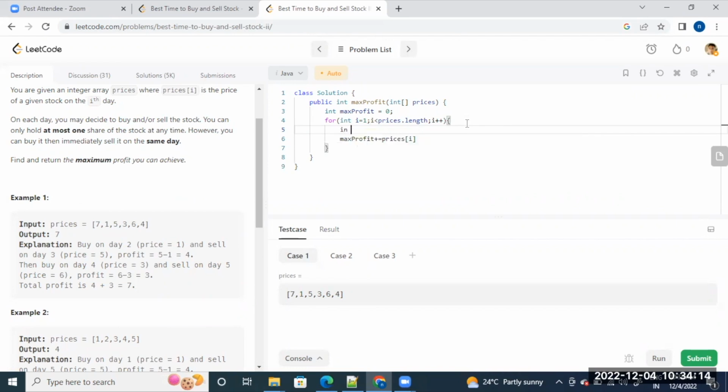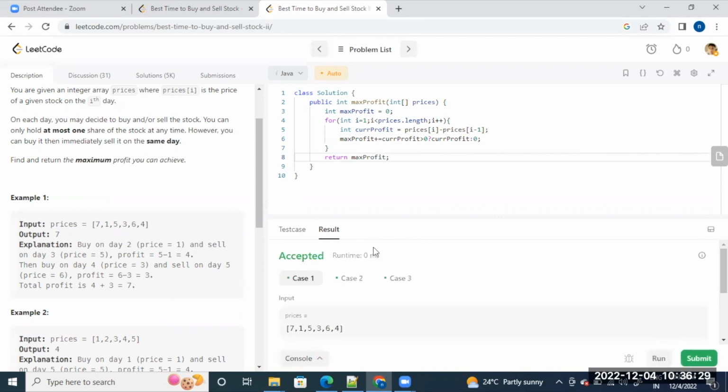Instead of this, let me just write int currentProfit, which is prices of i minus prices of i minus 1. If currentProfit is greater than 0, we are going to use it, else we are not. Then return the max profit. All right, let's check it out: 7, 2, 4, 3, 0.